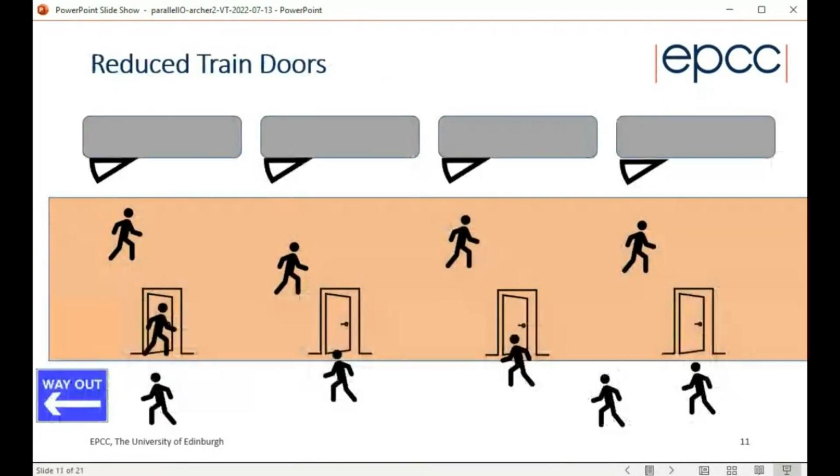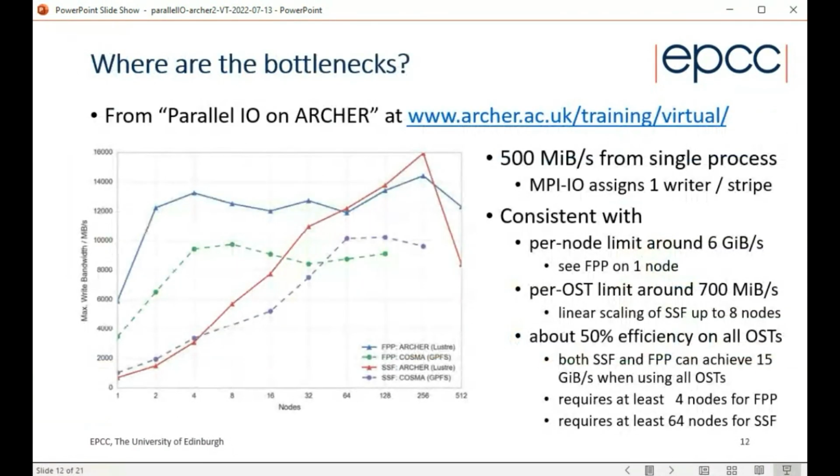However, on Archer, this was the best model: open a single door per carriage, because the bandwidth of a door was very similar to the bandwidth of a disk. The disks were very slow on Archer, and the bandwidth of a disk was about 700 megabytes per second. And so it turned out that you could saturate the I/O bandwidth in both models.